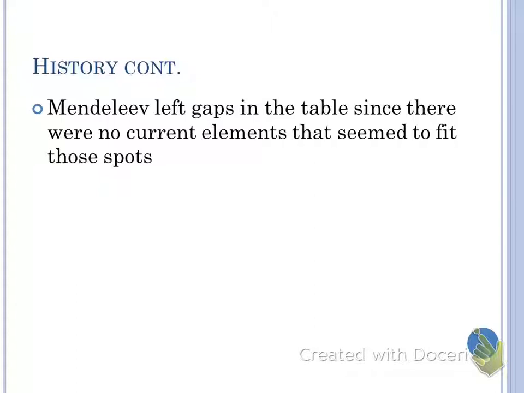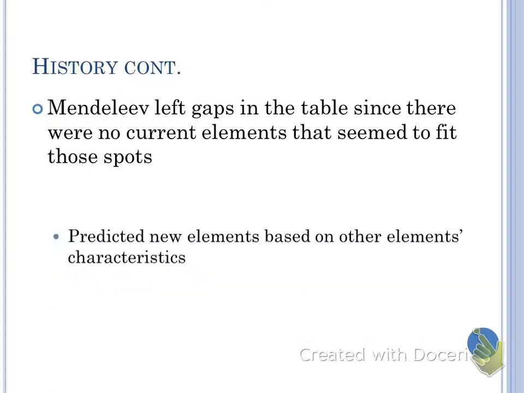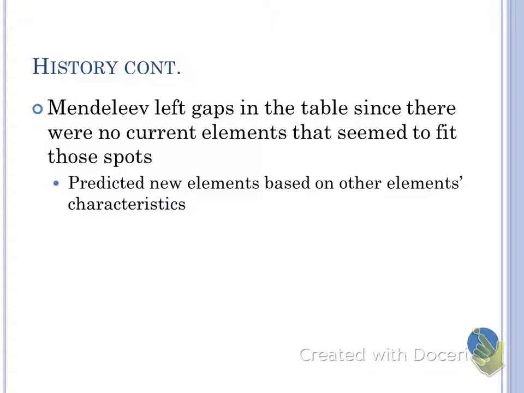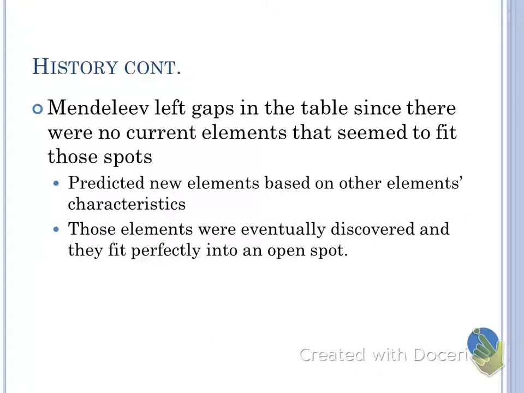Okay, so he was advanced enough to understand, like, there's elements out there we haven't found yet, and I think this is where they're going to fit, because this is what they behave, this is what the atomic mass should be. Here it is. Okay. He even predicted the new elements, what they were going to look like, act like, what they were going to weigh. Right? Where did he think they were going to fit in on the periodic table? He predicted that stuff. And those elements went on to be discovered and fit exactly where he thought they should. Okay, so he's a smart dude.